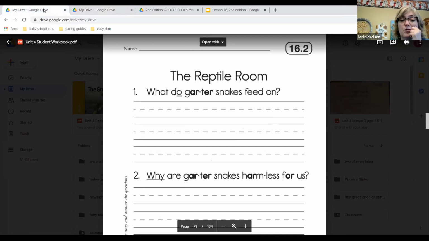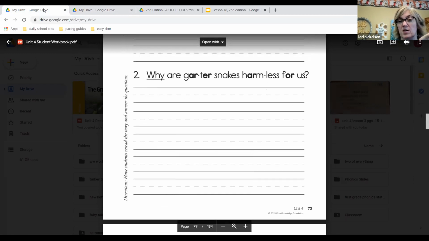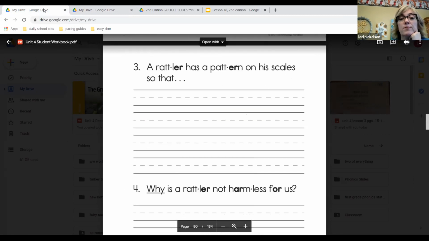Number 2, why are garter snakes harmless for us? Because they're not killers, are they? They don't bite us. Well, they could bite us if we bother them enough, but they won't cause us to die or anything. Number 3, a rattler has a pattern on his scales so that he can camouflage, right?